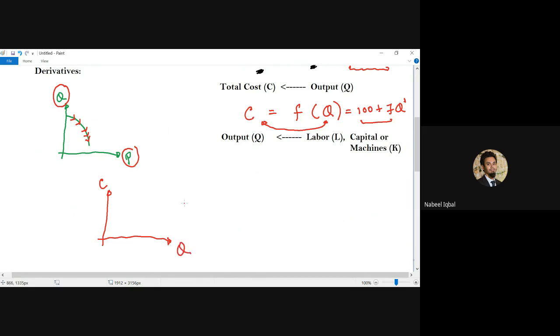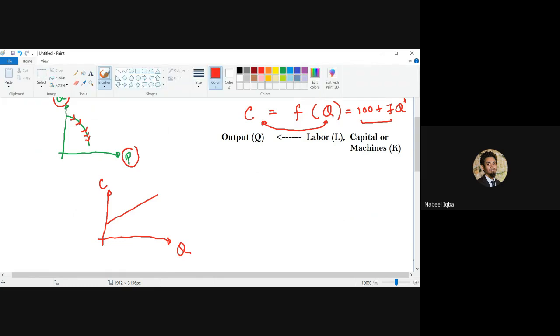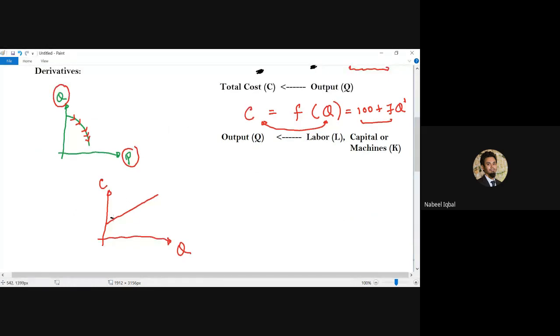So this particular function is telling us we have a linear relationship, which means that the total cost increases uniformly for given changes in quantity.